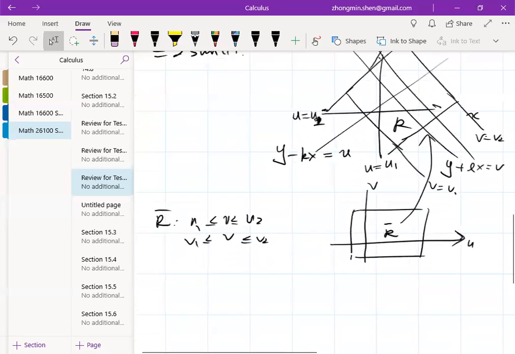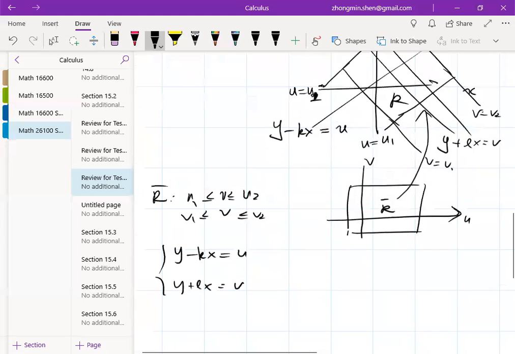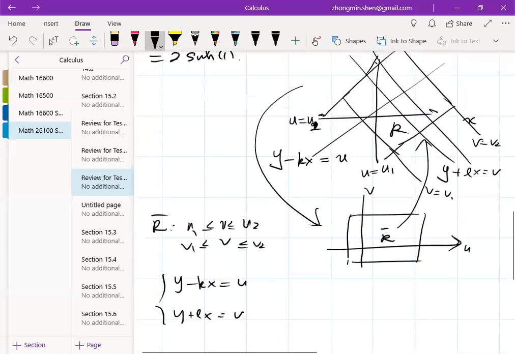So what that tells you is you are getting a map from R to R bar, but then you can solve for x and y. You get a map from R bar over to R. So x equals blah blah blah, and y equals, okay.